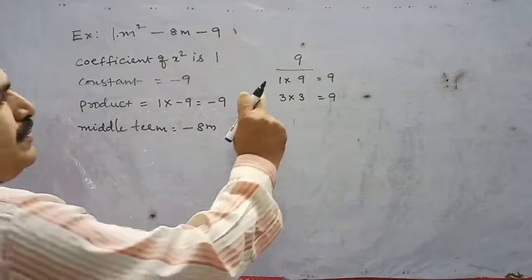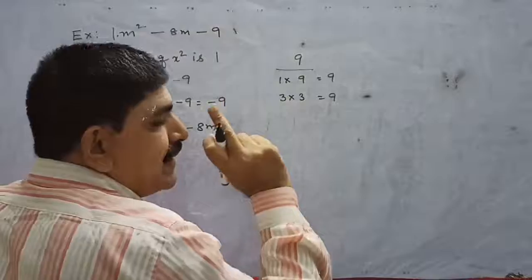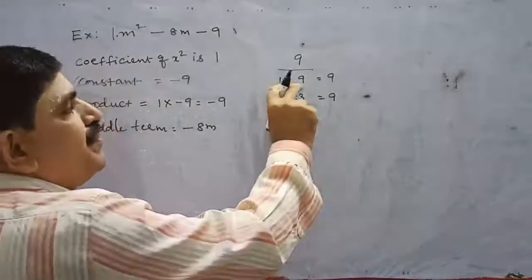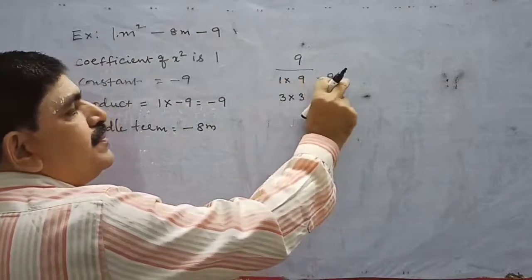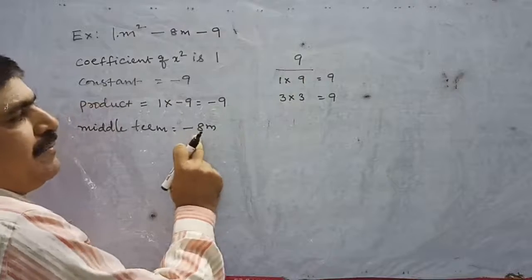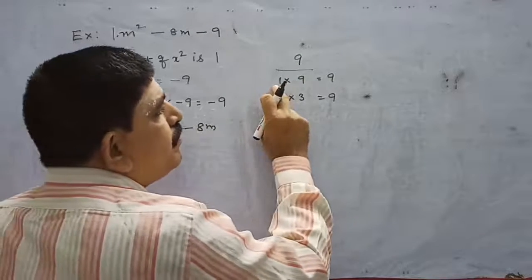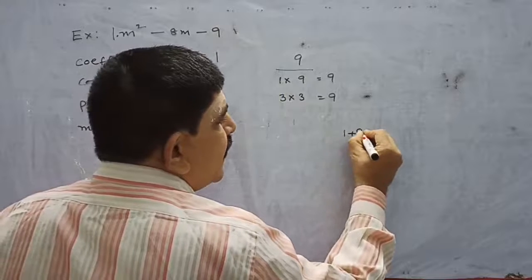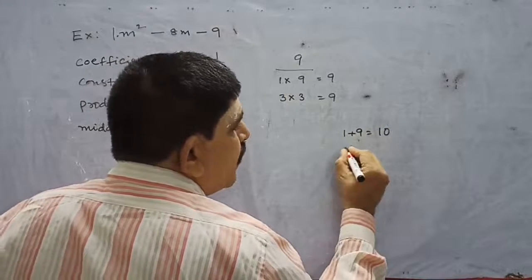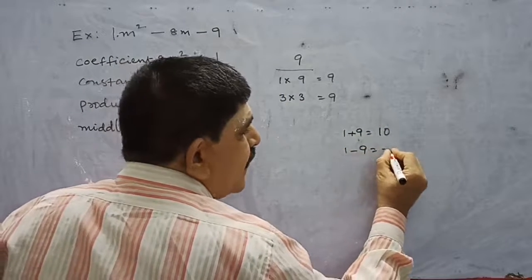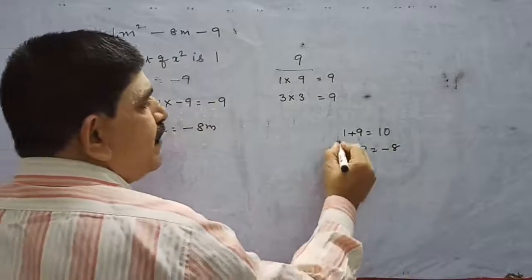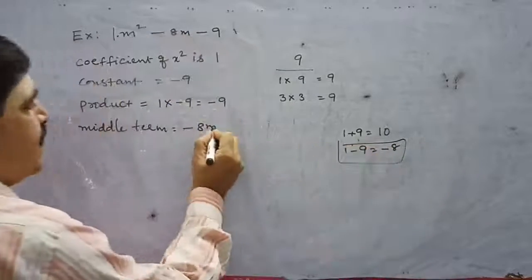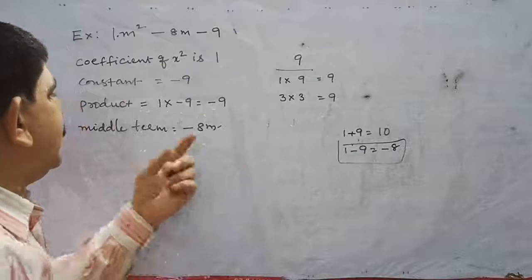Now, either the sum or difference of two factors, we must get the middle term. Now see here, 1 plus 9 is equal to 10. 1 minus 9, minus 8. So here we are getting minus 8. Middle term we are getting.